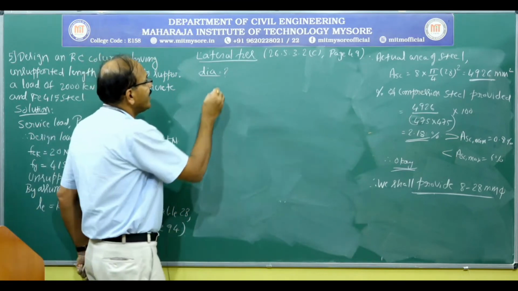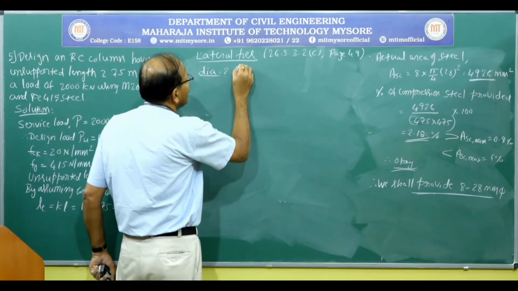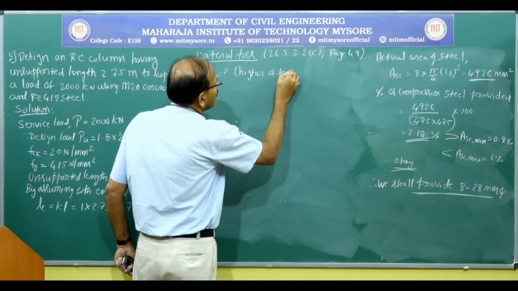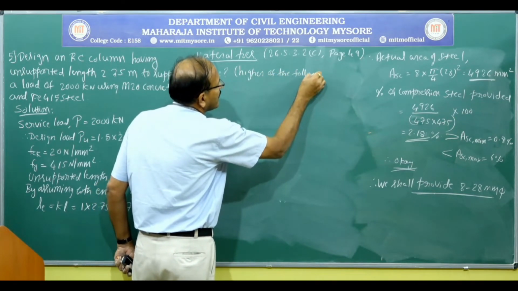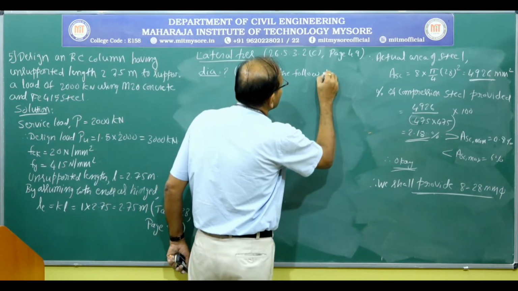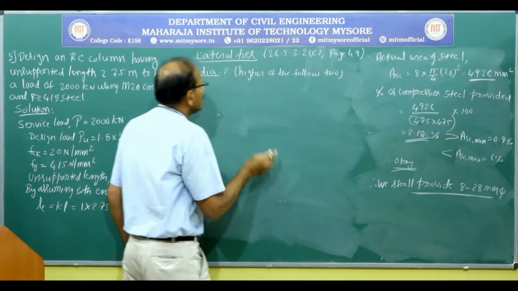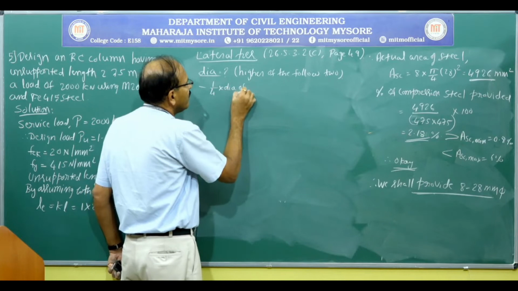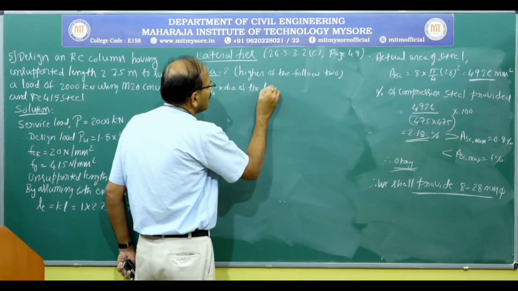The code says the dia should not be less than the higher of the following two. One is 1/4 the dia of the largest bar.